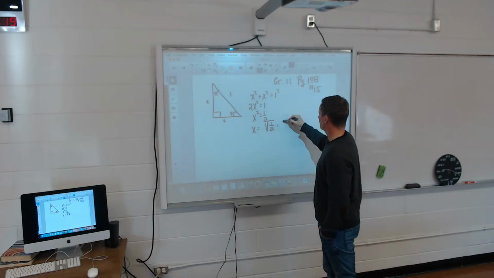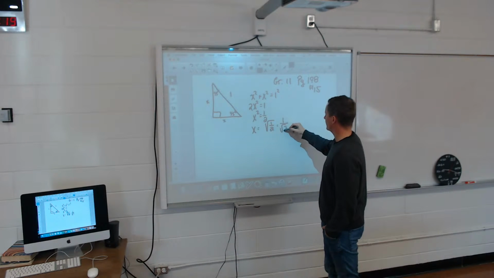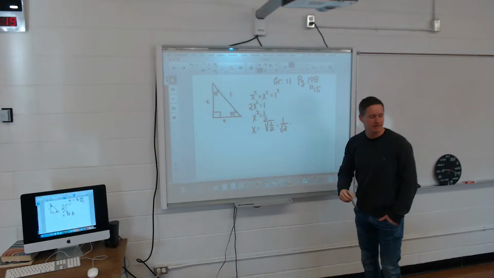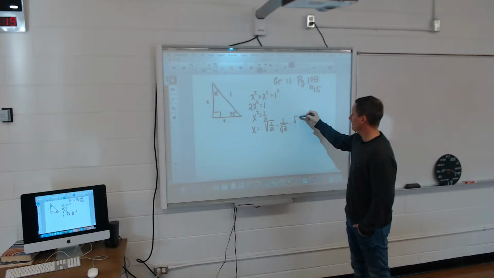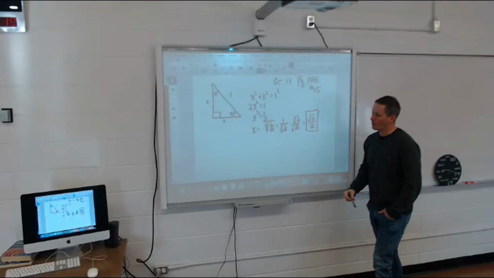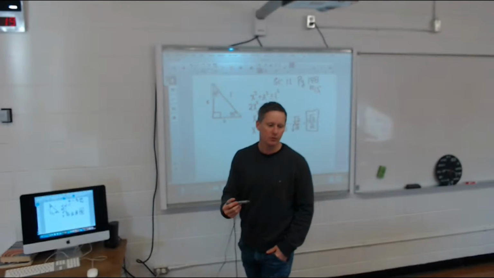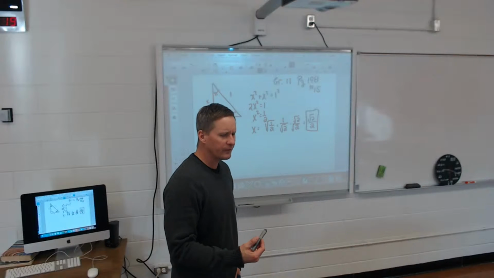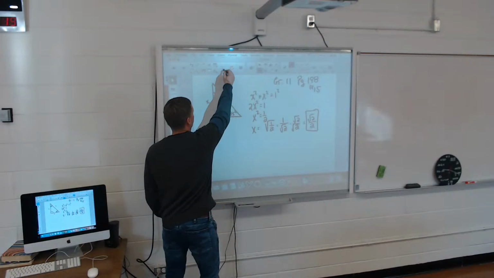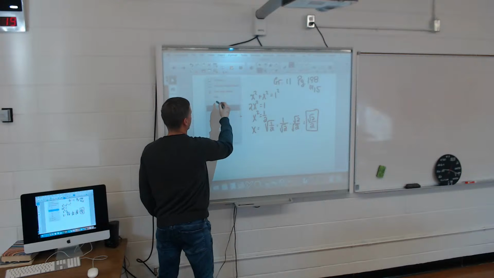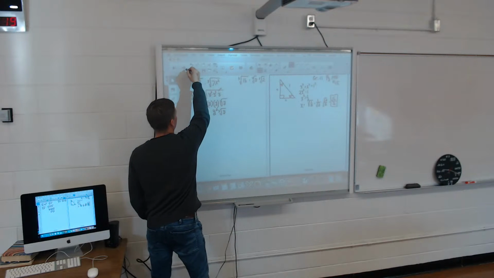1 over square root 2. And we haven't got into this yet, but if we rationalize this, that means that the length of one of those sides is root 2 over 2. So if it's root 2 over 2, okay, and this is going to look small for a second. I'll draw it as big as I can here.